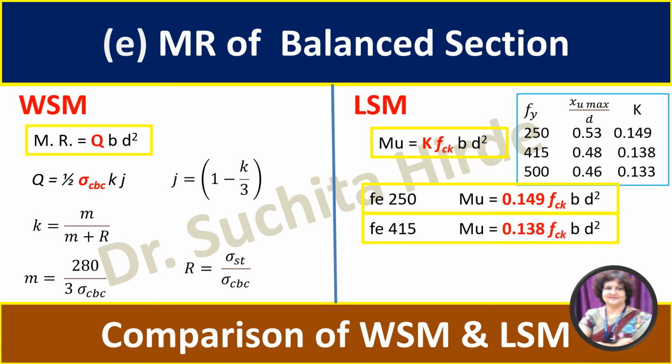If it is Fe415, you can remember 0.138. So you don't have to calculate it. You just remember 0.149, 0.138 and 0.133 for Fe500. So this is how we calculate moment of resistance of balance section using working stress method and limit state method.